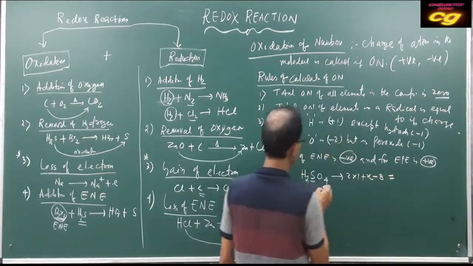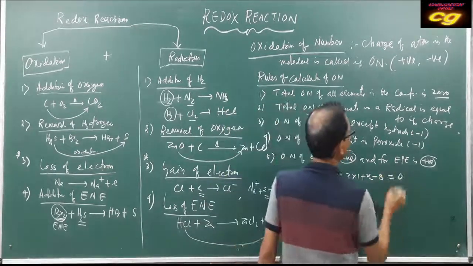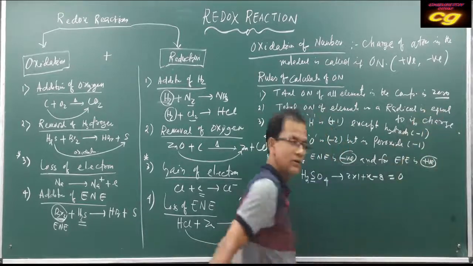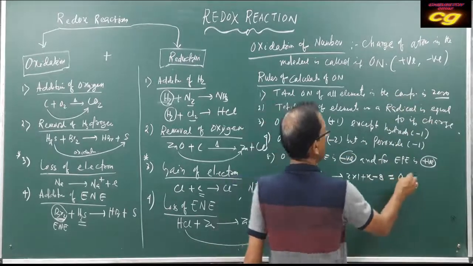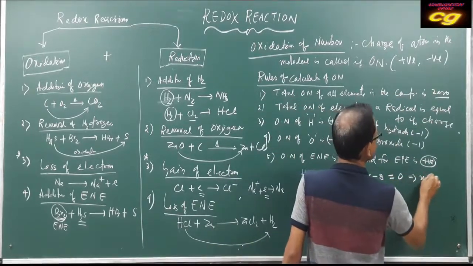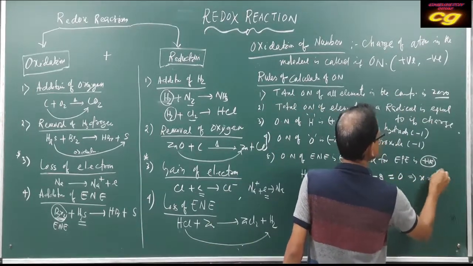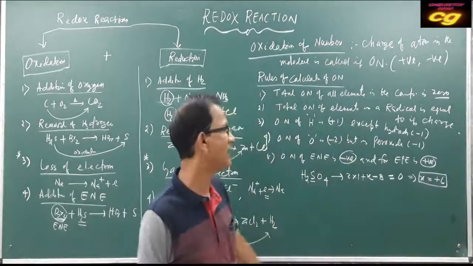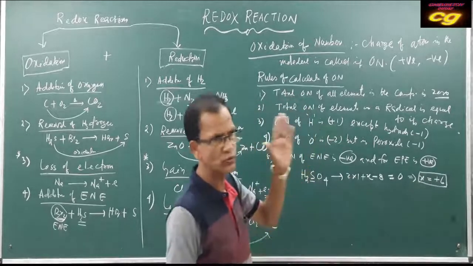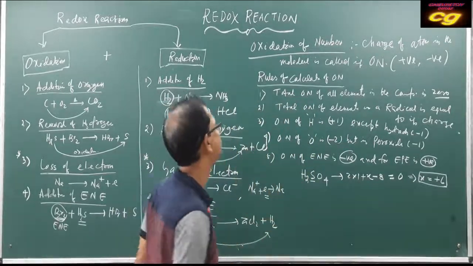As it is a neutral compound, the total is 0, so X is equal to +6. When you calculate oxidation number, you have to show either plus or minus.